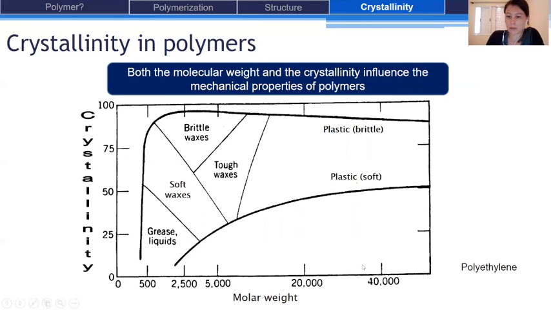So for the same molecular weight, depending on the crystallinity degree of the polymer, which is the portion of the polymer that is within the crystal and not in the amorphous region, if the crystallinity increases, it will result in a more brittle polymer. So this graph represents this influence of both the molecular weight and the crystallinity of a polymer on mechanical properties.